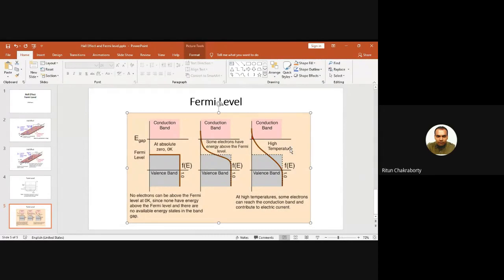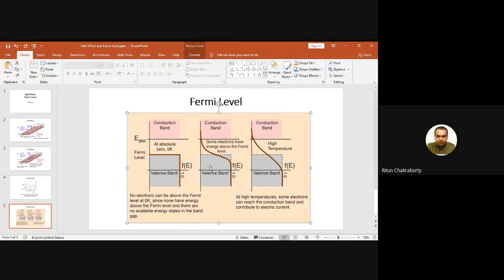At 0 Kelvin, no electron can be in the conduction band. But if you increase the temperature, some electrons will overcome the Fermi level and move to the conduction band. And if that happens, the Fermi function changes its shape.